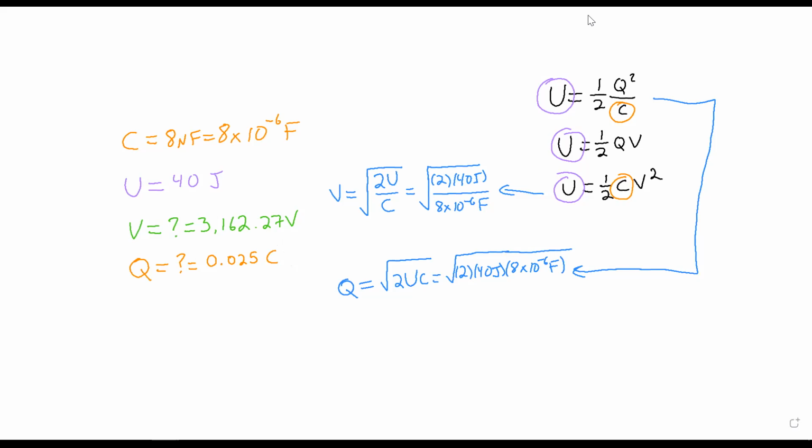Now, what Andrea observed is also important. Since we already had the voltage, we could have used the second formula as well to find the charge. That would have been valid. And there's actually another formula that we can use, and I'm just going to write it down here. Remember that there's a relationship between the charge, the capacitance, and the voltage. This is also another expression that's part of our toolkit.